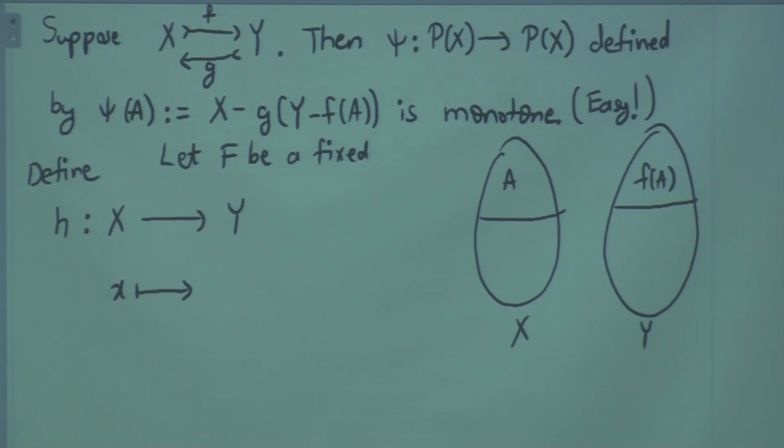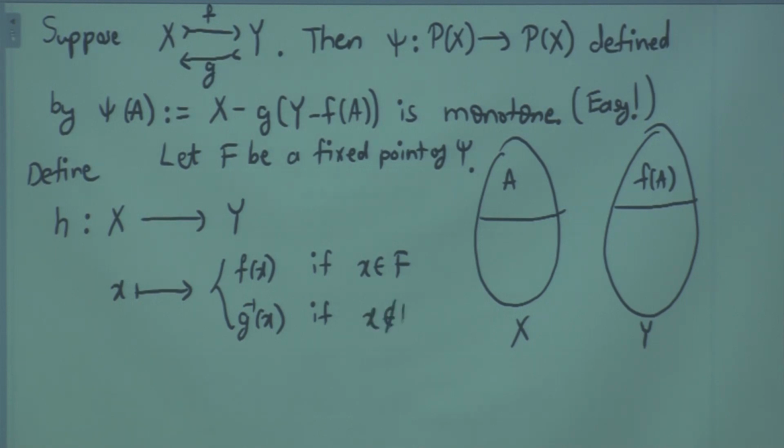A fixed point, okay, there may be multiple. We are just saying that there is at least one. Let F be a fixed point of psi. So x mapping to, where should I send it to? f of x if x belongs to F. Very good. And otherwise, g inverse of x if x doesn't belong to F.